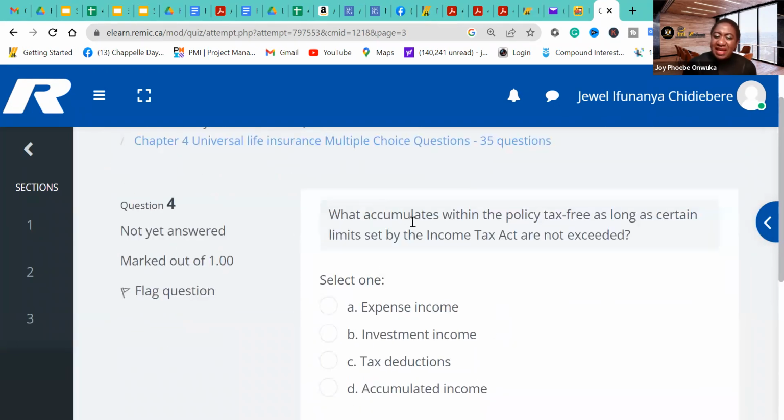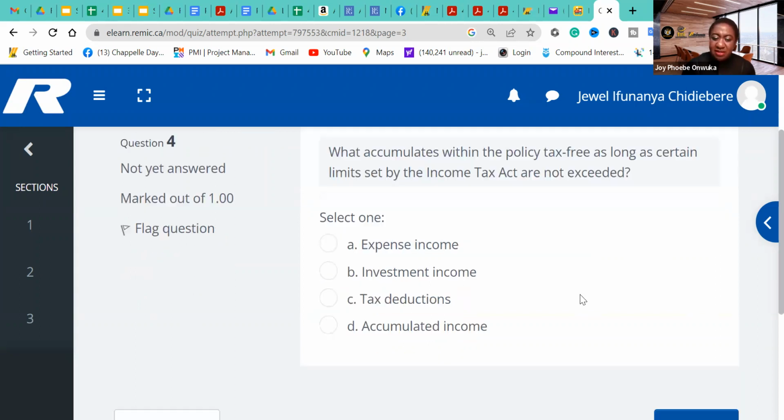Okay. Now, what accumulates within the policy tax-free as long as certain limits set by the Income Tax Act are not exceeded? Expense income, investment income, tax deduction, accumulated income. Is it expense income? No. Investment income? I think so. Tax deductions?